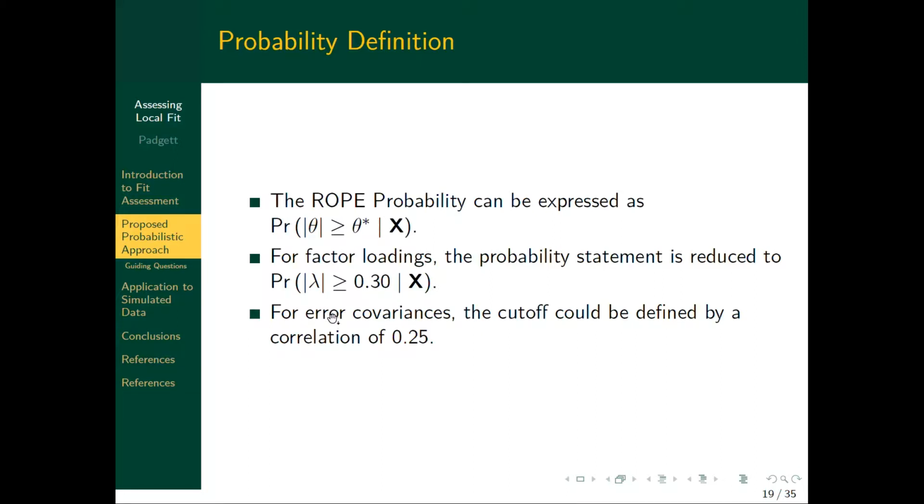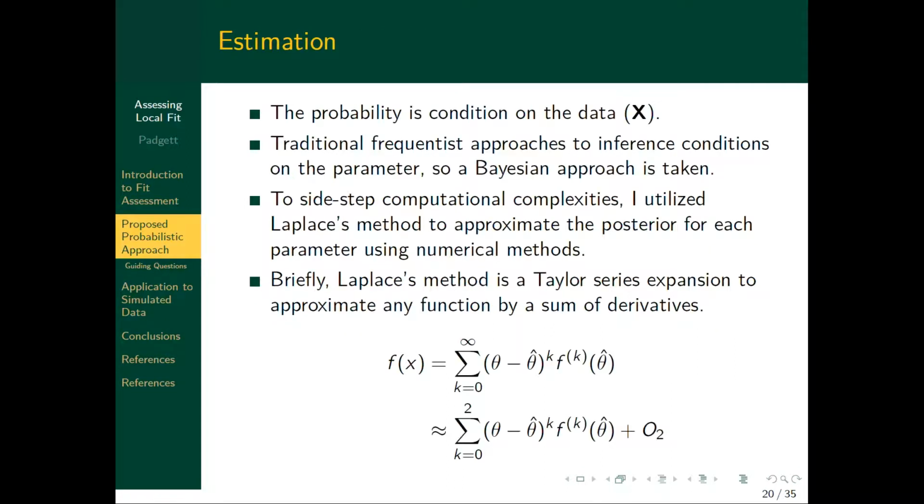If we're talking about error variances, we could say it's like 0.25 or 0.1 or whatever we as researchers deem as the lower bound or upper bound of what we want to say is not influential in our decision making about the structure of the factor model. And so we estimate this by basically going into a Bayesian framework, and we sidestep a lot of the computational issues by utilizing Laplace's method.